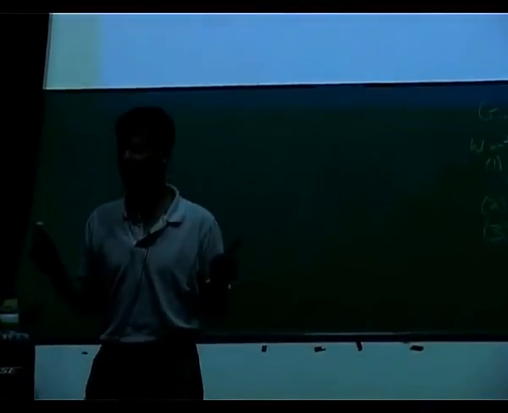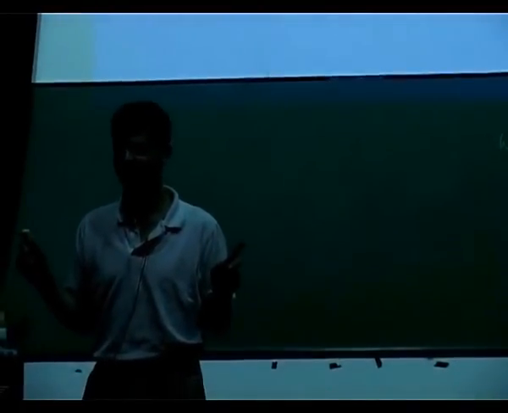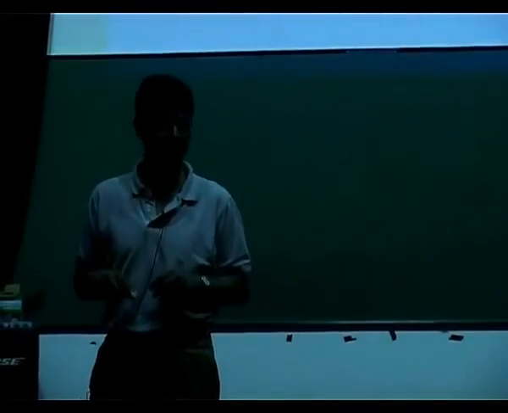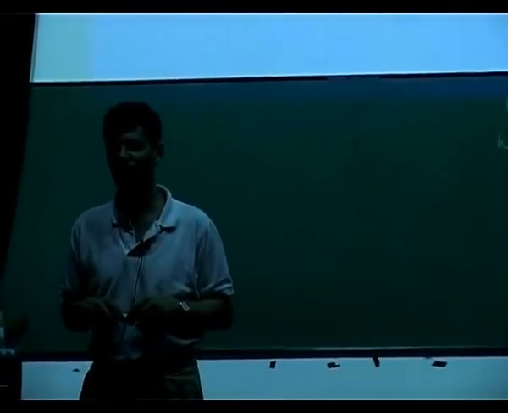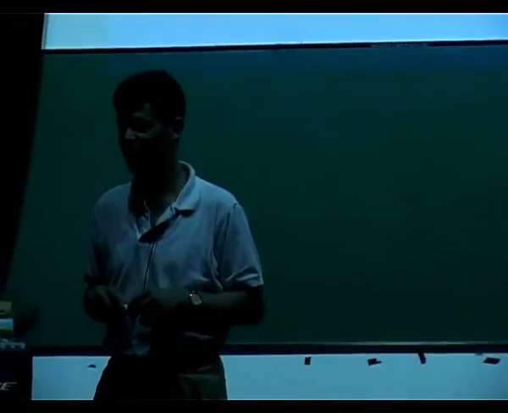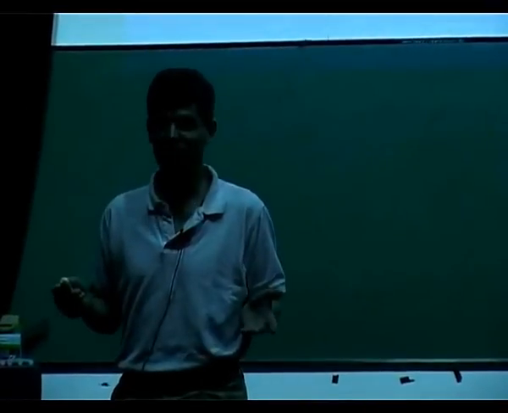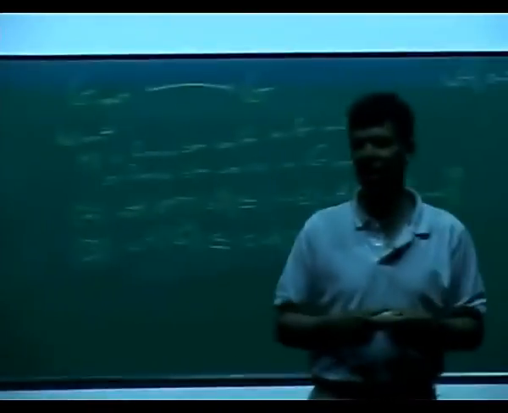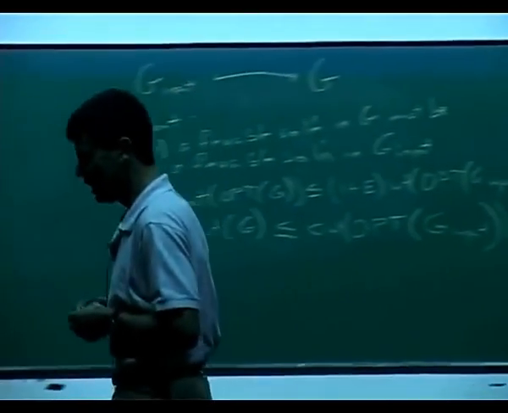Okay, what does this have to do with planarity? Well, I didn't specify the algorithm entirely, right? What did I leave out? Does anyone remember? The order. Okay. So what does it have to do with planarity?